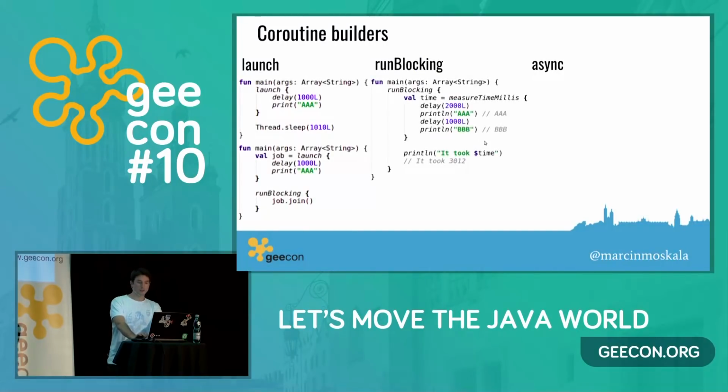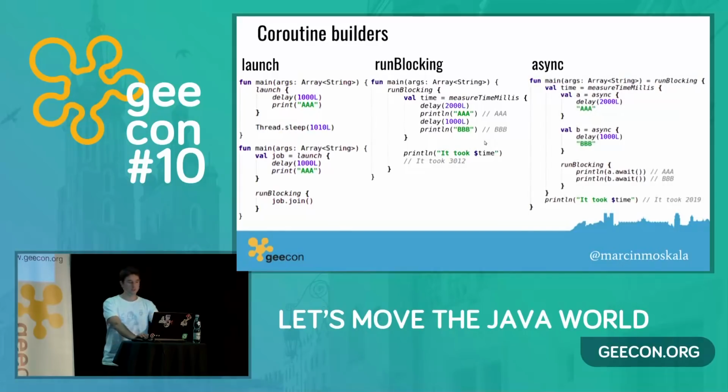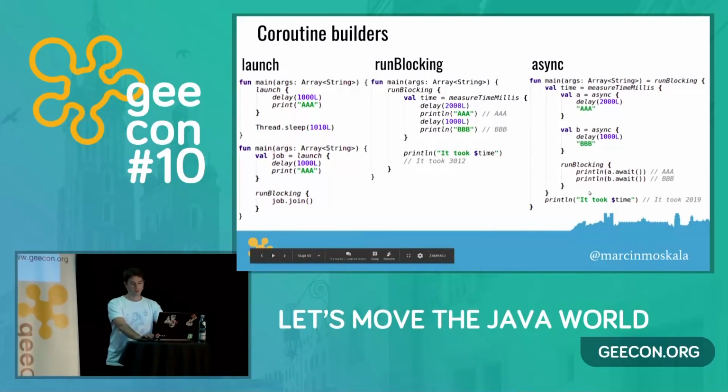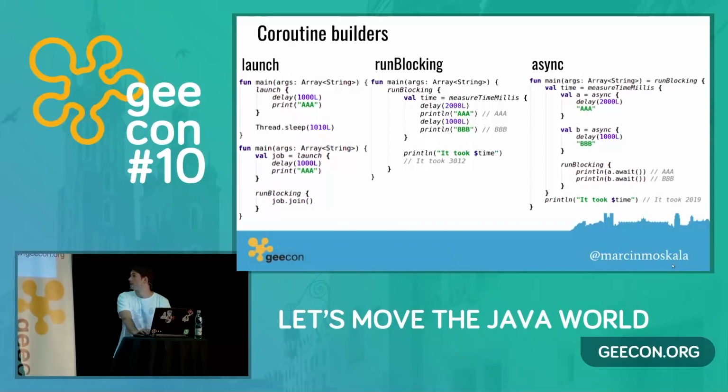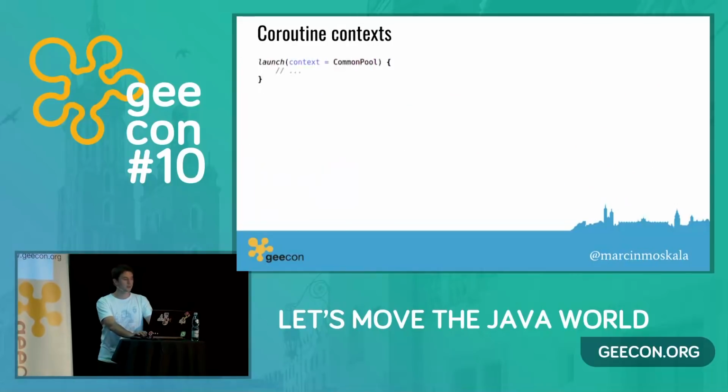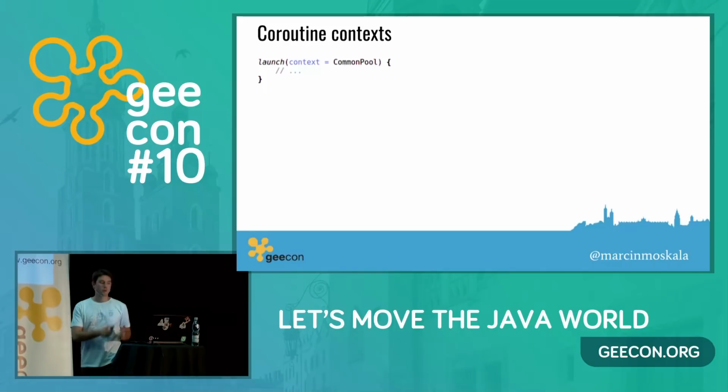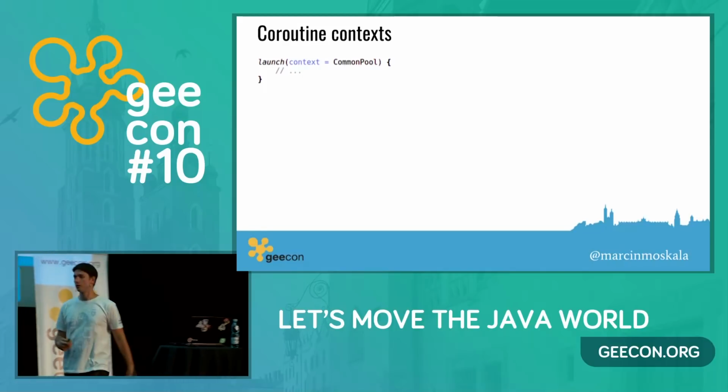These are my examples for all of this with some measurement, and you can see the same as what I've already showed you. Another important thing is coroutine context. CommonPool is the default coroutine context.